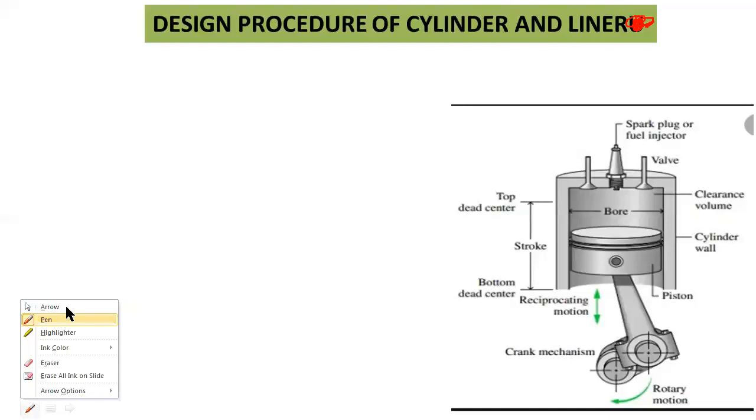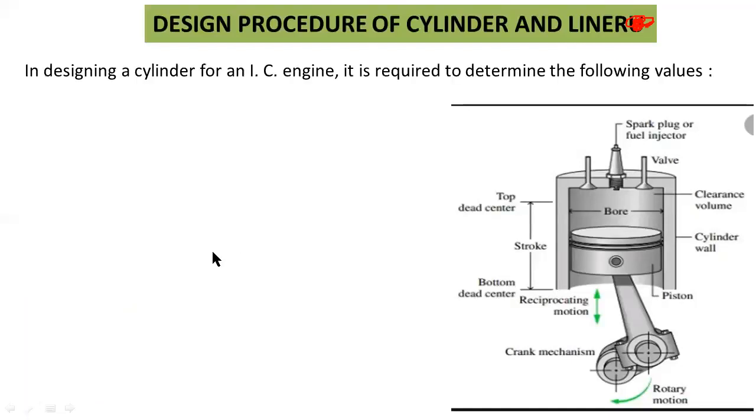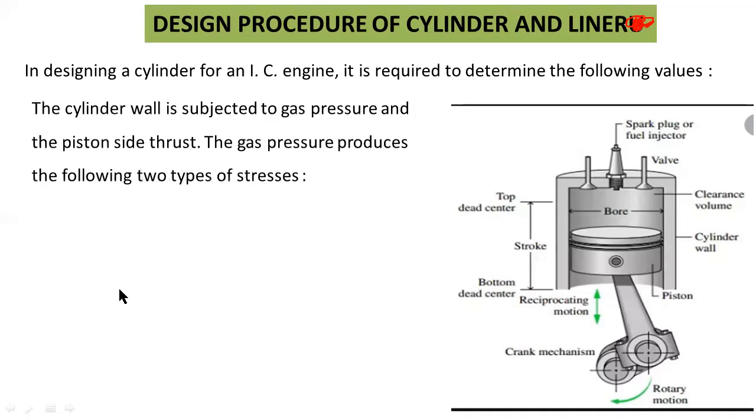In designing a cylinder for an IC engine, it is required to determine the following values. The cylinder wall is subjected to gas pressure and the piston side thrust. The gas pressure produces the following two types of stresses.